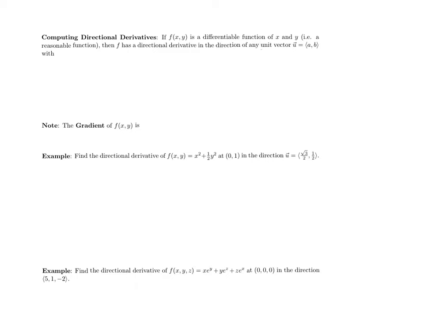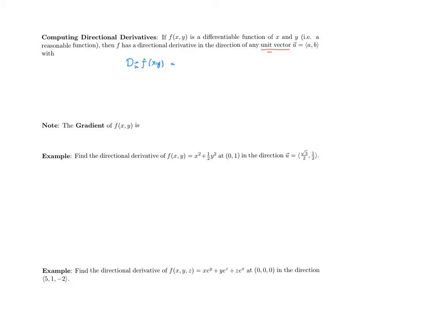And as indicated on the previous video, the fact that it is a unit vector is of key importance. So we have the following formula for calculating the directional derivative. The directional derivative of the function f in the direction of a unit vector u is given as follows.